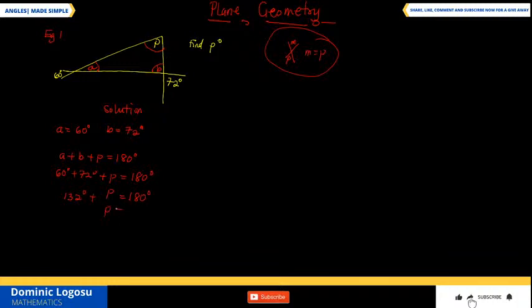Because we want to solve for P, this becomes a linear equation. So the 132 degrees goes to the other side, and when we do our subtraction, we have our answer to be 48 degrees. So P is actually 48 degrees.